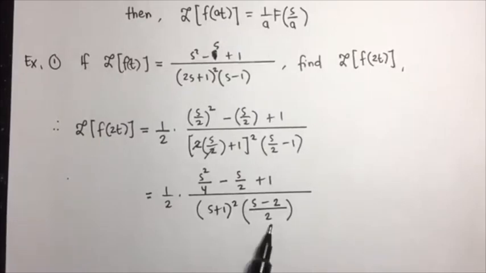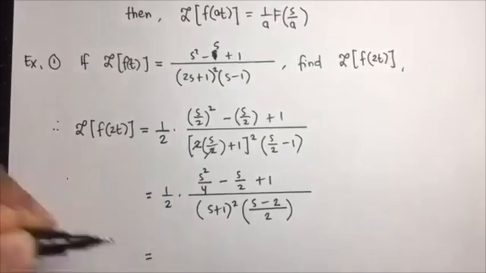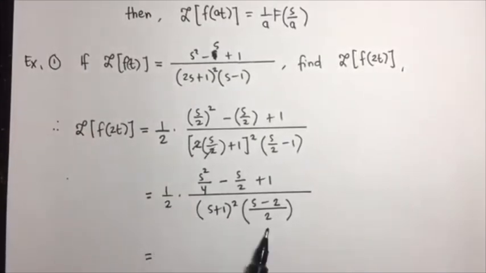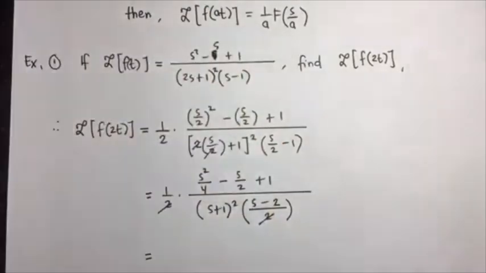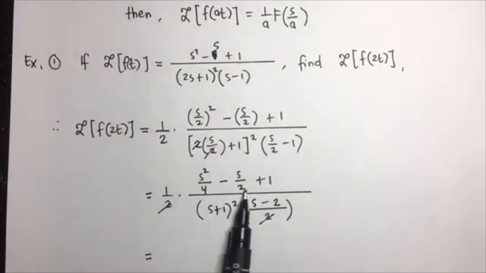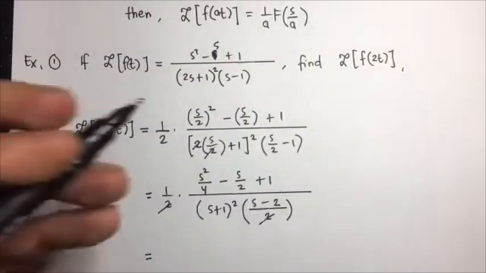As you can see, we can already cancel out the 2 there and the 2 here. And then in the numerator, we can factor out 1/4.